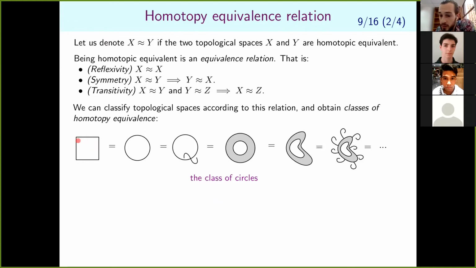The square, for instance, is homotopy equivalent to the circle. The letter Q is homotopy equivalent to the circle because you can see the circle as a subset of the letter Q, and then you can retract the tail of the letter Q onto the inner circle.